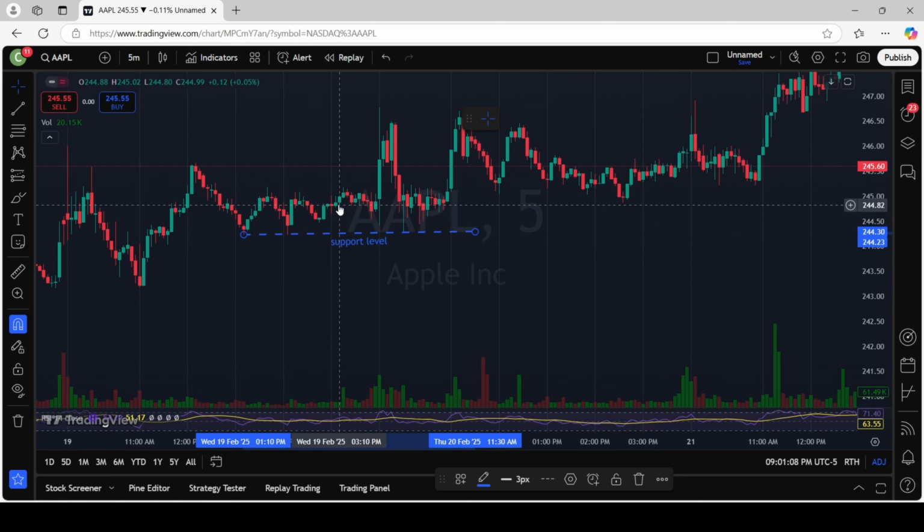So Apple came back down here, this candle right here, and what did it do? It traded sideways and took off. This would have been a good entry if we missed it right here. And look at that, this actually was a better entry, right? That's why trading is mostly about being patient, man.